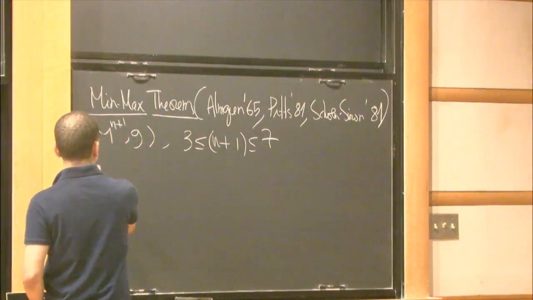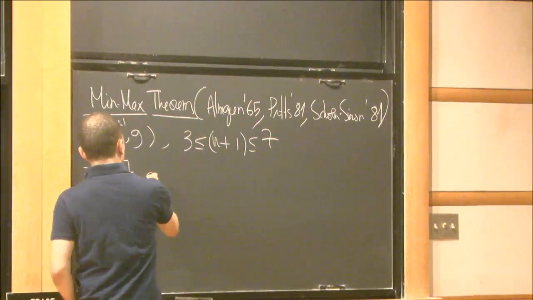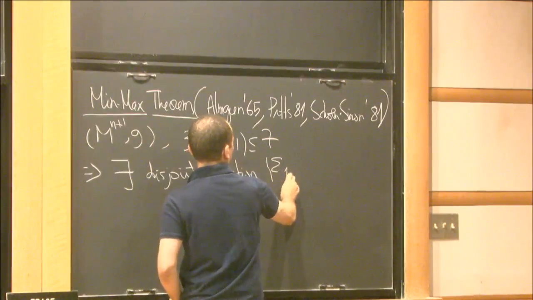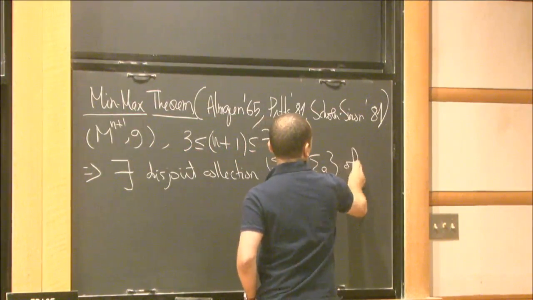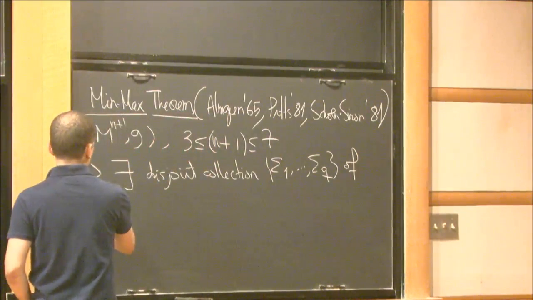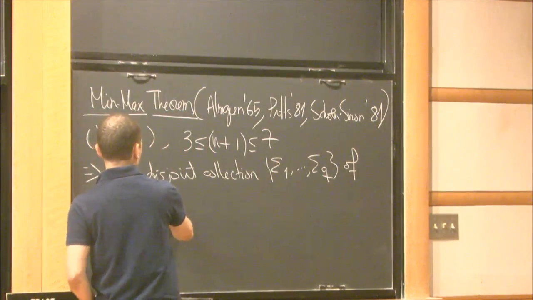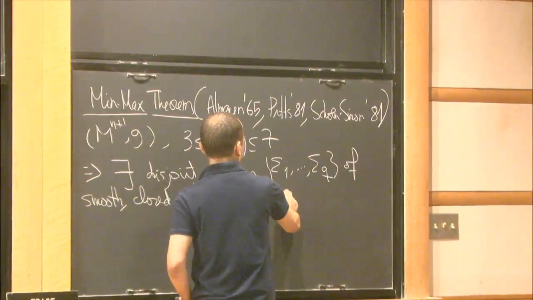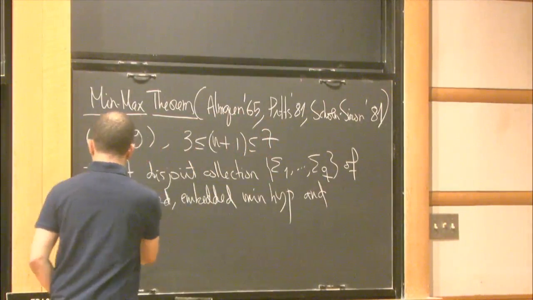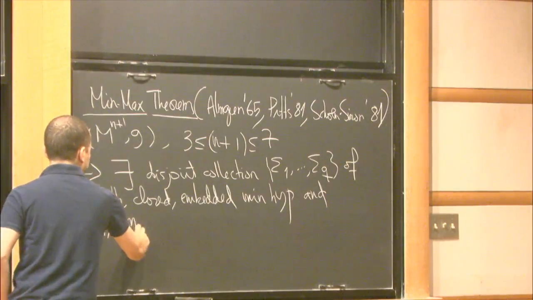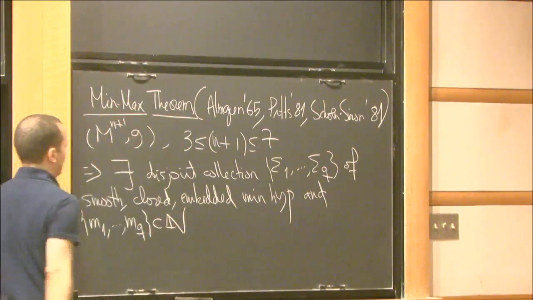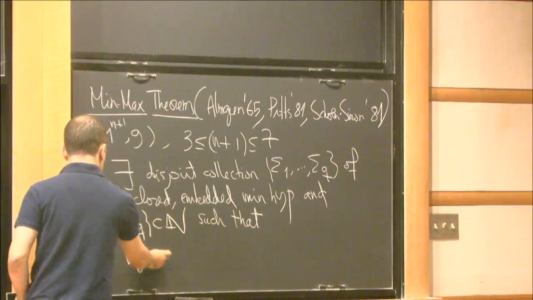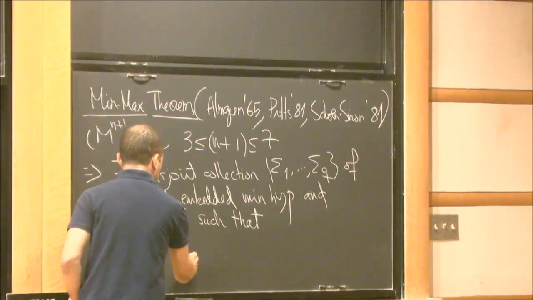So the theorem says that there exists a disjoint collection, say sigma 1 to sigma q, of smooth, closed, embedded minimal hypersurfaces, and a collection of positive integers, multiplicities, such that the width is the linear combination of the areas with these multiplicities.